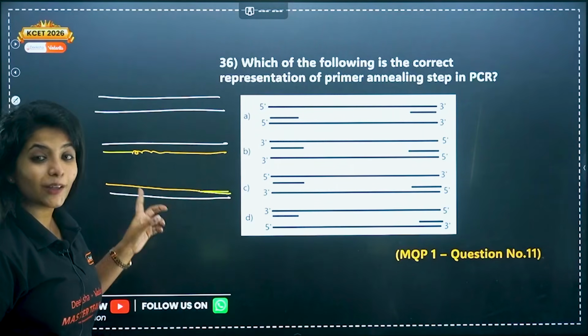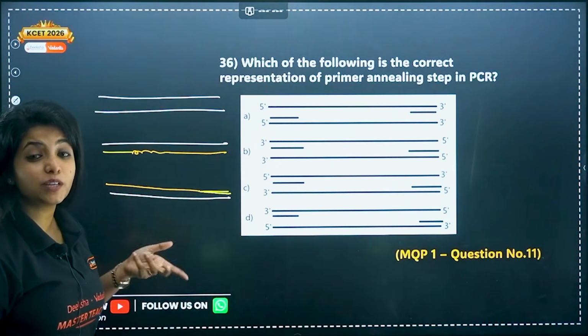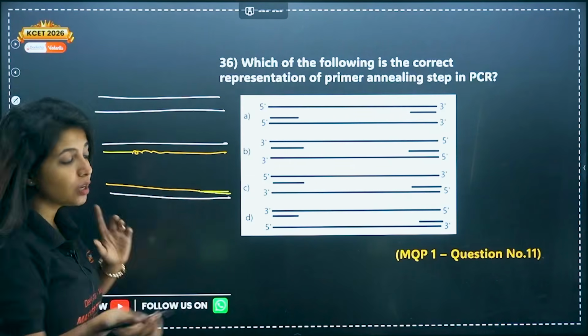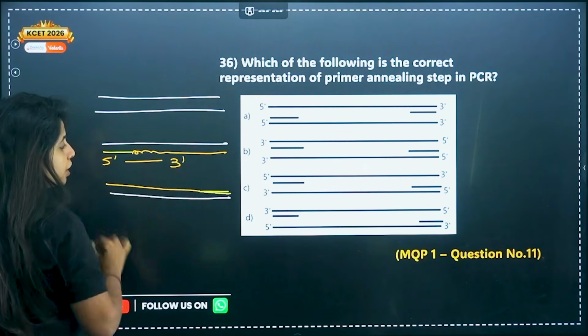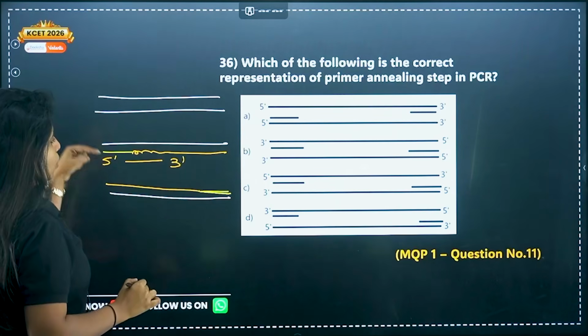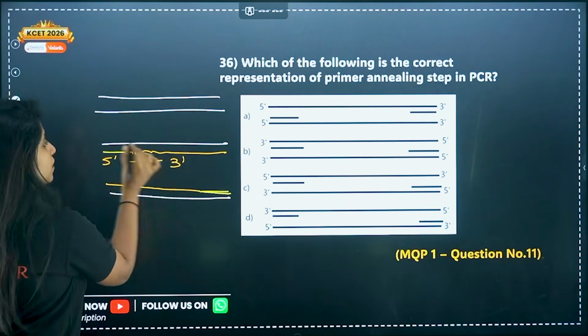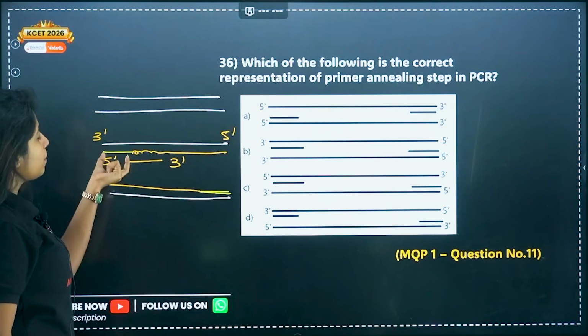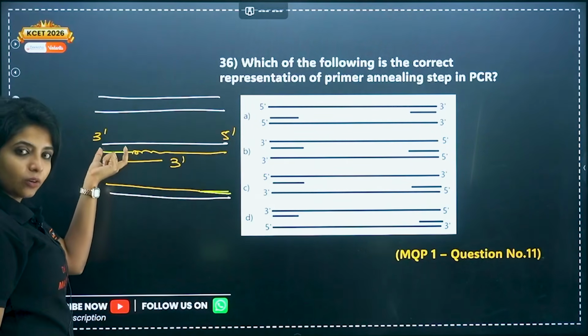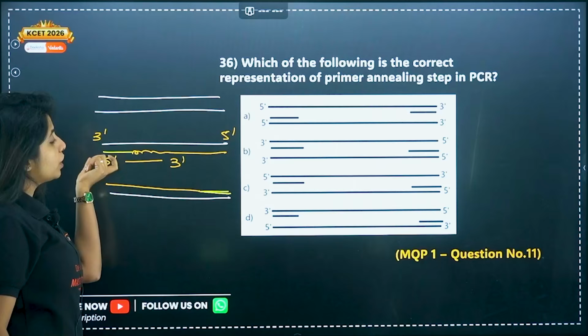Now you should know DNA polymerase works from which direction to which direction. Always remember, it works in the 5' to 3' direction. So on the other side, the direction of the template should be 3' to 5'. So the primer is going to come and attach on the 3' end, and the DNA polymerase will work from here to here.